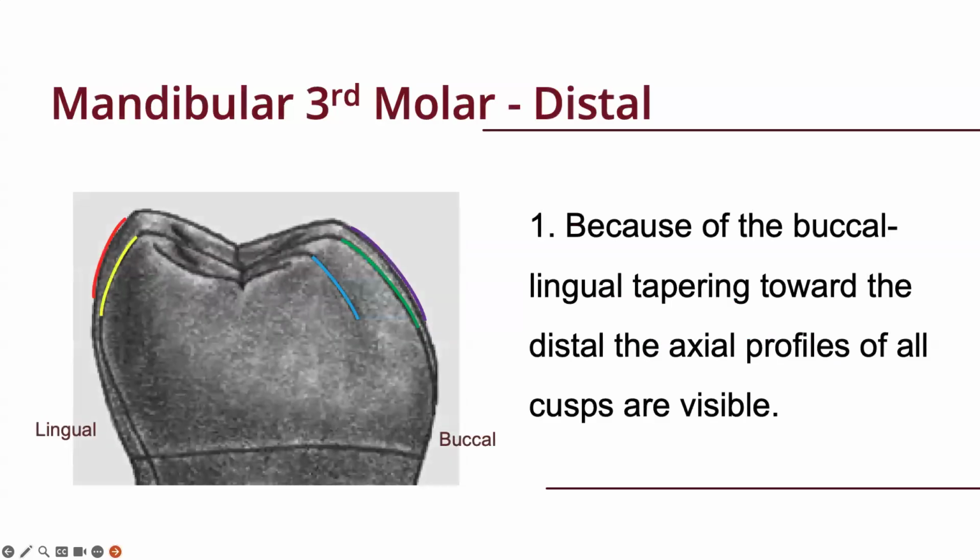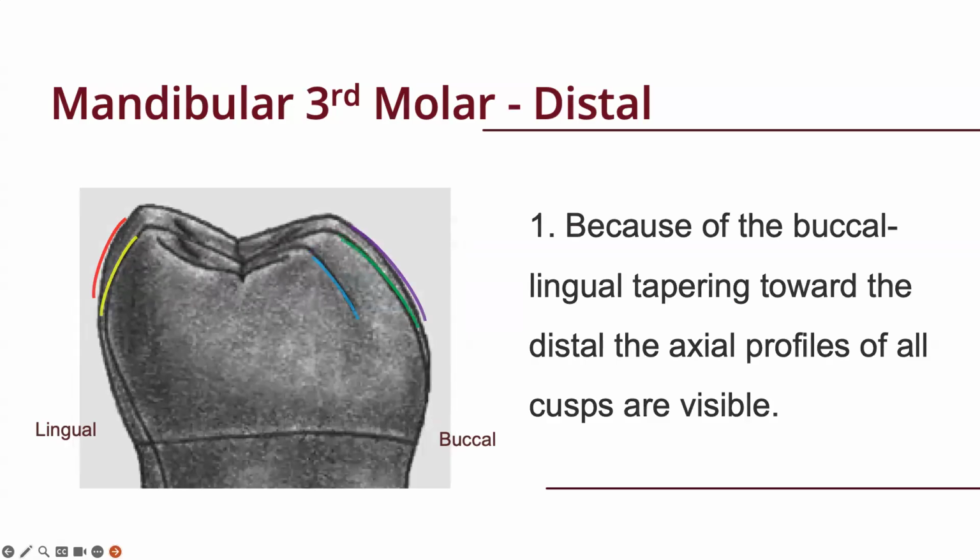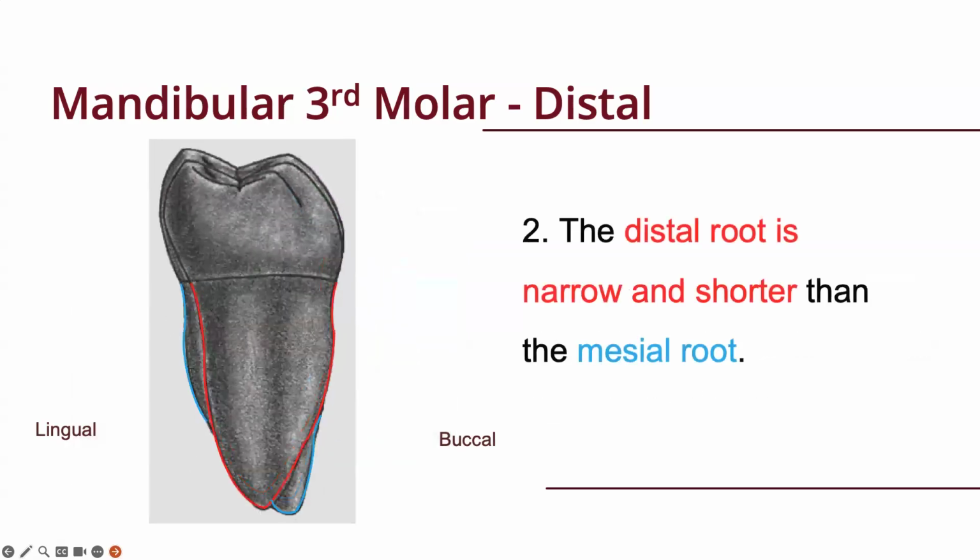From the distal aspect, because of the buccolingual tapering towards the distal, the axial profiles of all cusps are visible. The distal root is narrow and shorter than the mesial root.